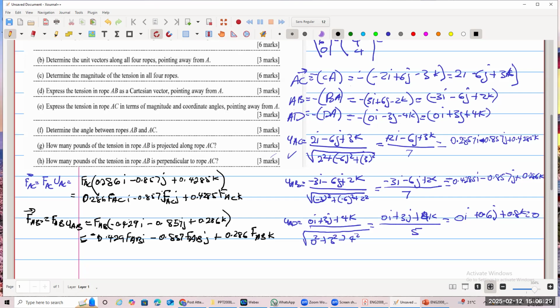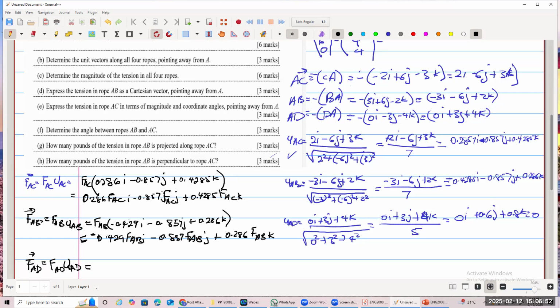All right, the last one, so it is FAD. FAD now is equal to the scalar value of AD times the unit vector of AD. All right, so what do you get from this one?